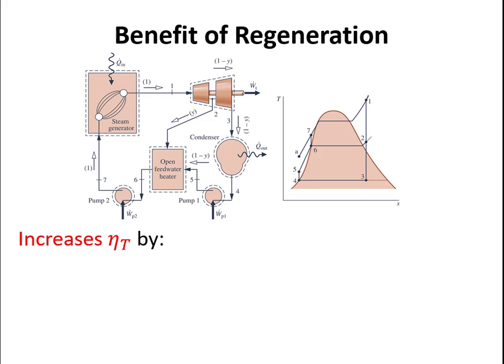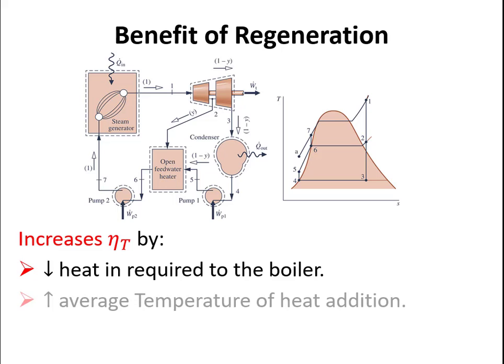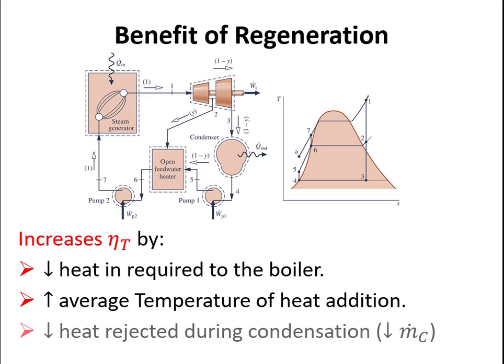So the idea of regeneration is to increase efficiency. We're reducing the heat that's required by the boiler because we're preheating the liquid that's moving into pump 2. We're increasing the average temperature of heat addition because the temperature that goes into the steam generator is now higher.